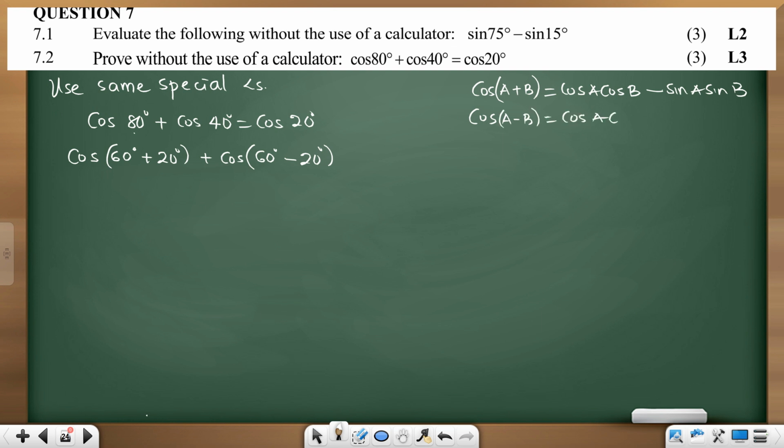Cos A cos B plus sine A sine B. It's as simple as that. What do you notice? Please work it out. Your answer must be cos 20. Cos 60 is half. Just put a calculator there.